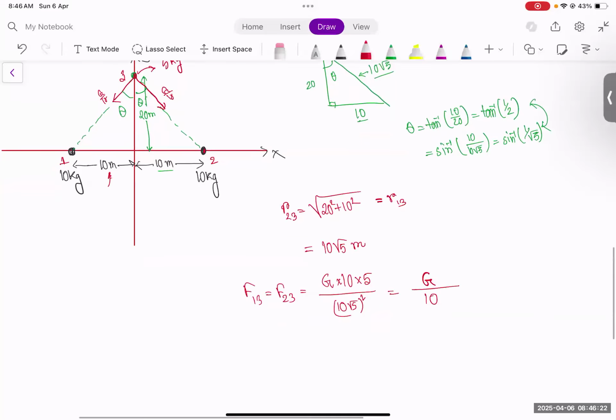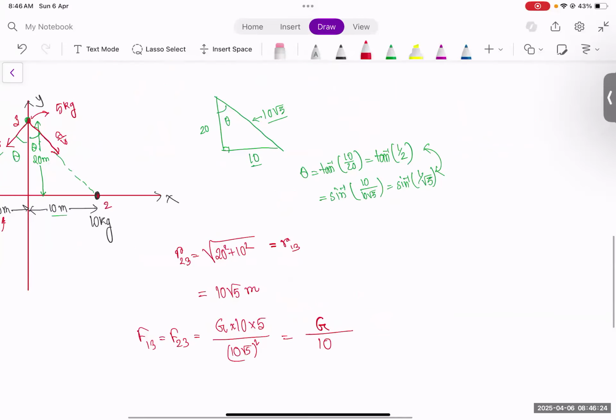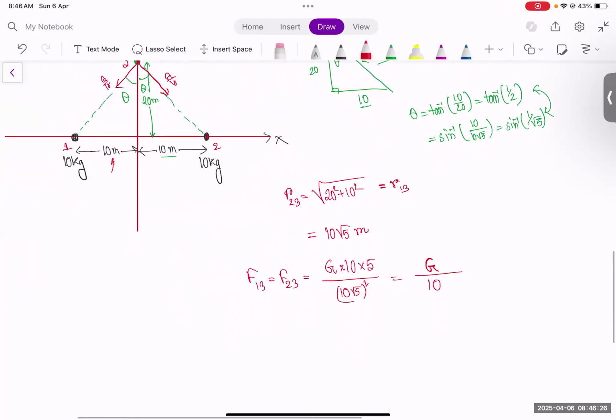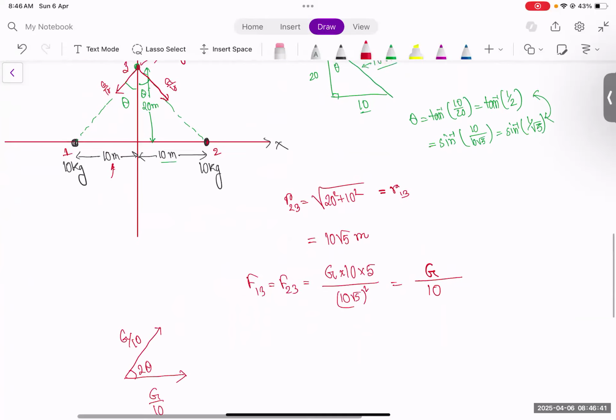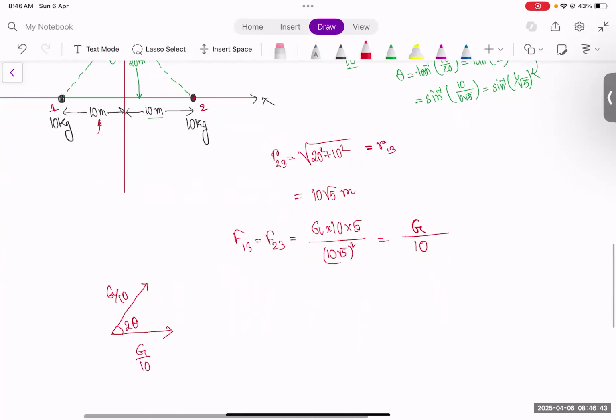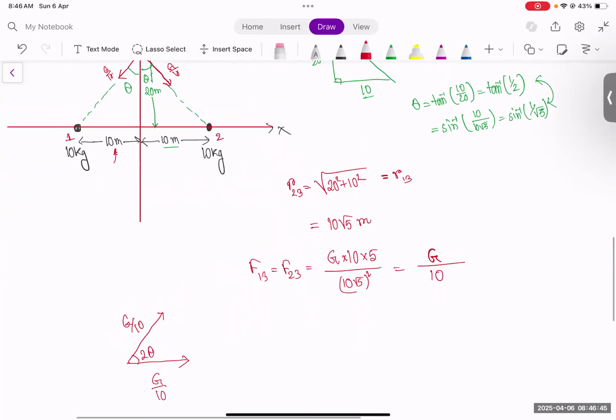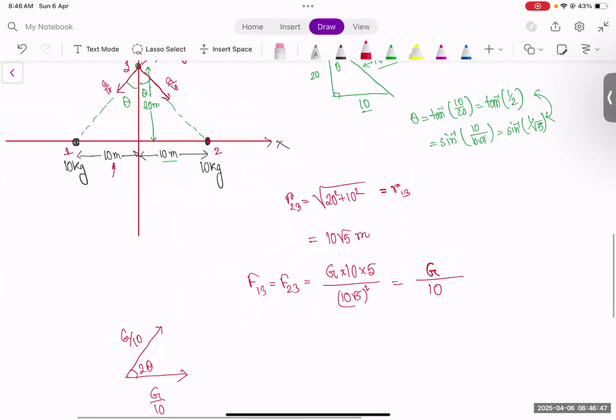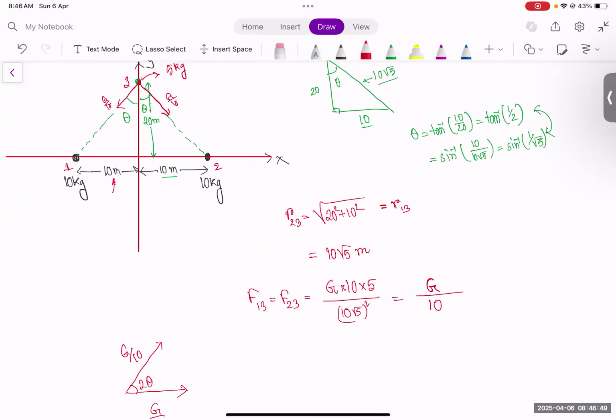But then we now have to add two vectors. If I bring this vector scenario here, then we basically have a scenario like this. This is G over 10. This is G over 10. And the angle here is 2 theta. You can use different methods to find the sum. The easiest one will be by components.